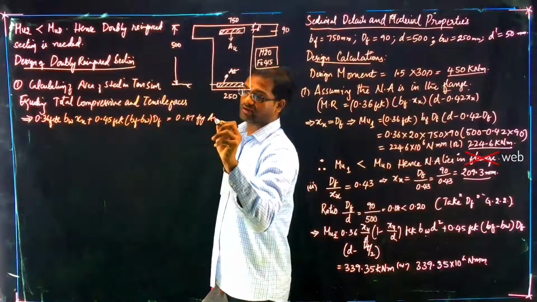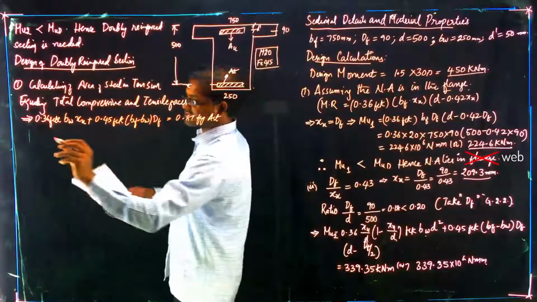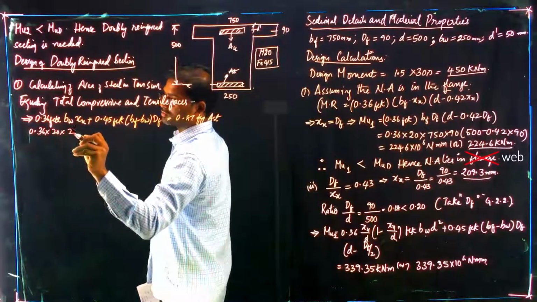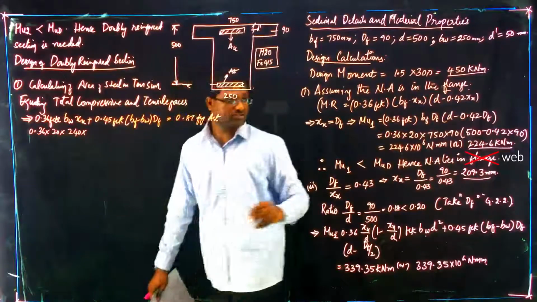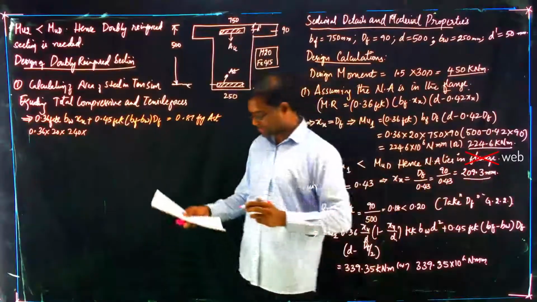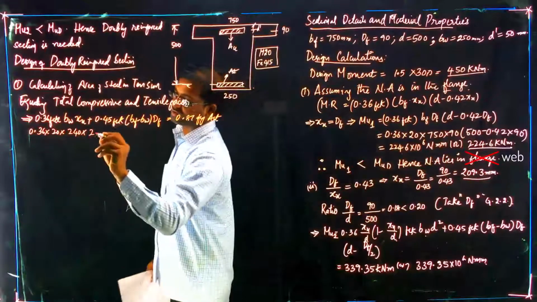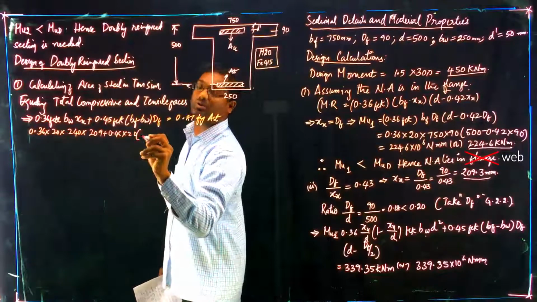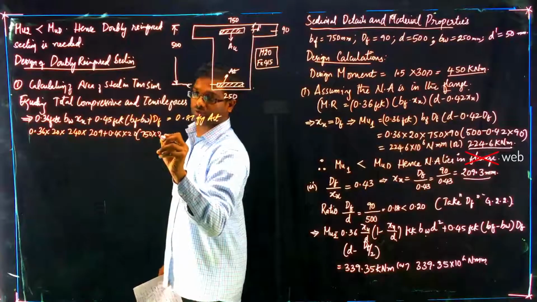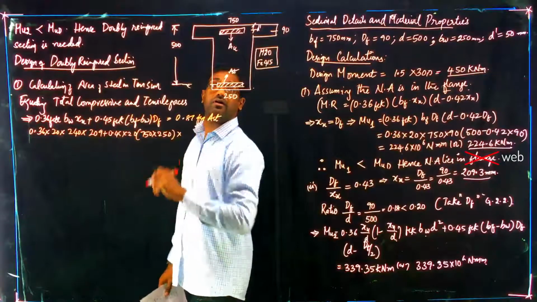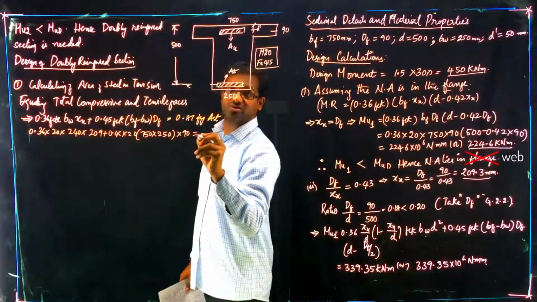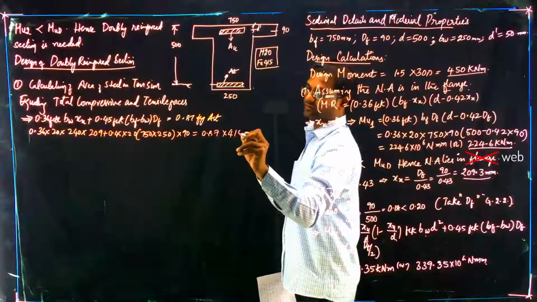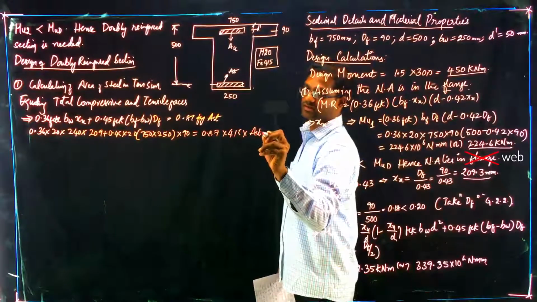df equals 0.87 fy Ast. And from this, if you substitute 0.36 into 20 into 240 into xu value, which is 209.3, we will take 209, plus 0.45 into 20 into 750 minus 250 into 90, equals 0.87 into 415 into Ast1.